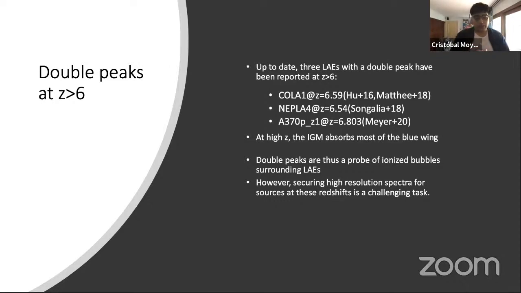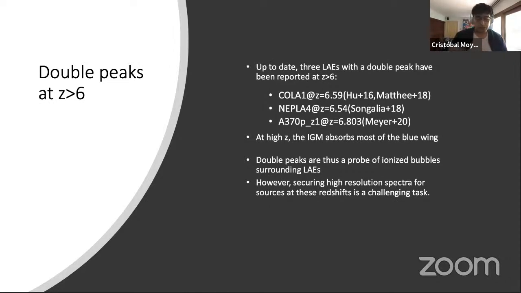So if you see a double peak, you can imagine two things from your source. One is that there is an ongoing escape of radiation, because you can measure the separation between the peaks, and you can then imagine that the escape fraction is non-zero.